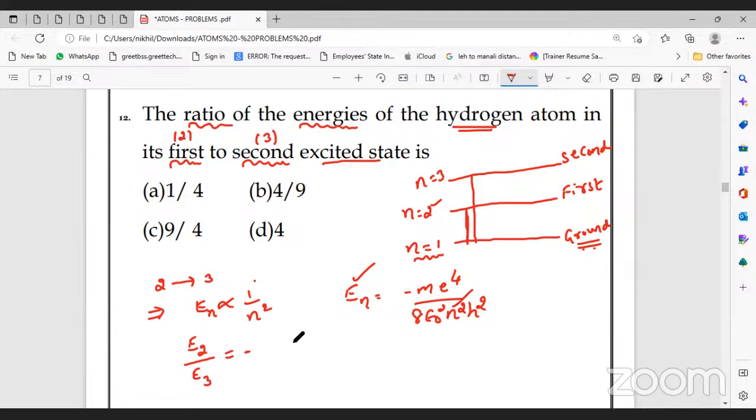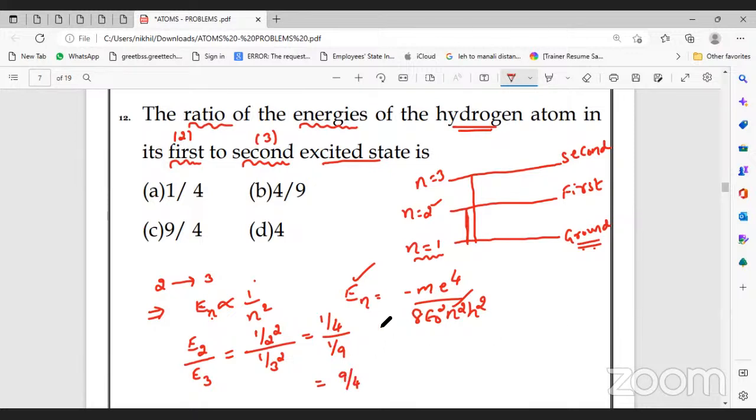So what is E2 by E3? You know that En is proportional to 1 by n square. E2 means 1 by 2 square, by 1 by 3 square. This equals 1 by 4 divided by 1 by 9, which is 9 by 4.